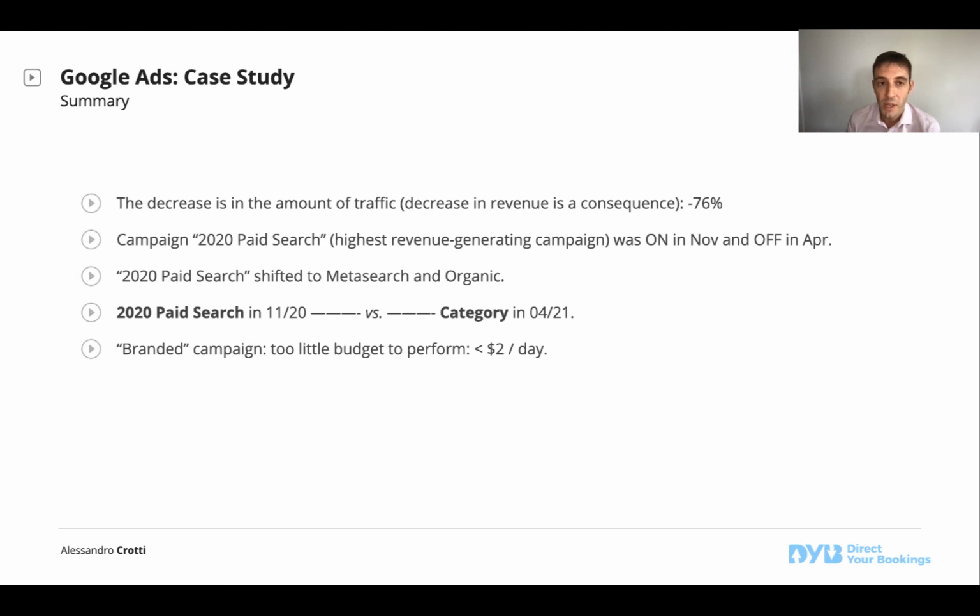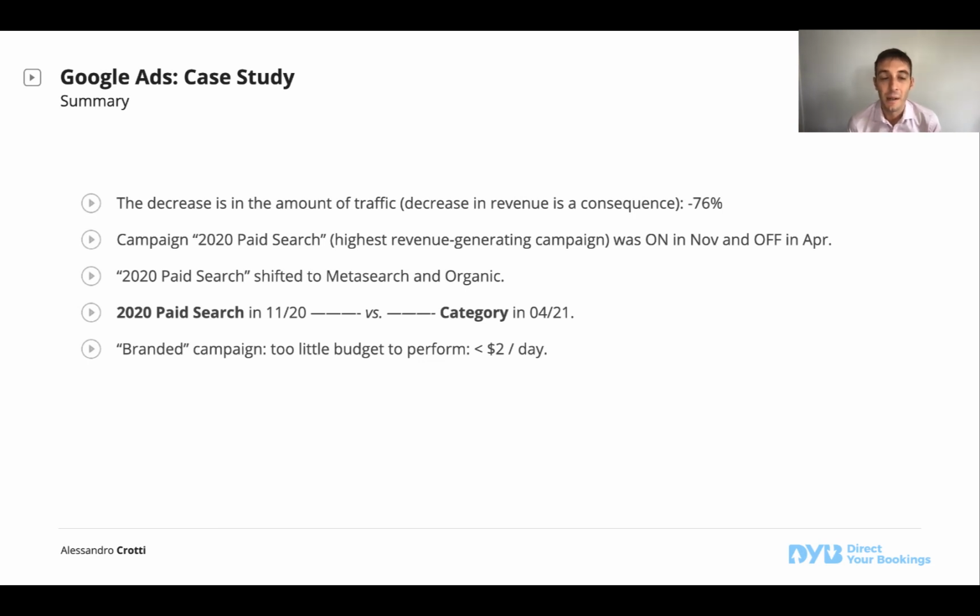However, as we've seen, the hotel didn't lose money necessarily, at least not in absolute terms, because the hotel anyway generated revenue. Actually, we've seen more traffic. It was around 11% more sessions, and 76%, as far as I remember, increase in revenue. Actually, I don't remember, but anyway, the revenue was way higher in April overall as opposed to November.